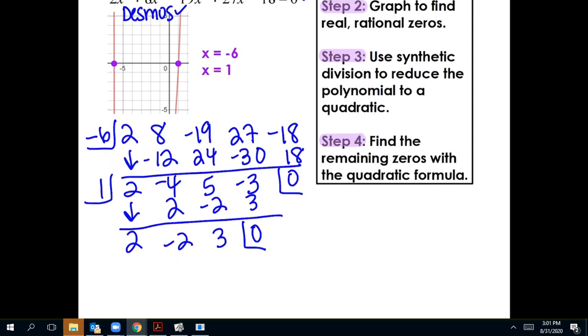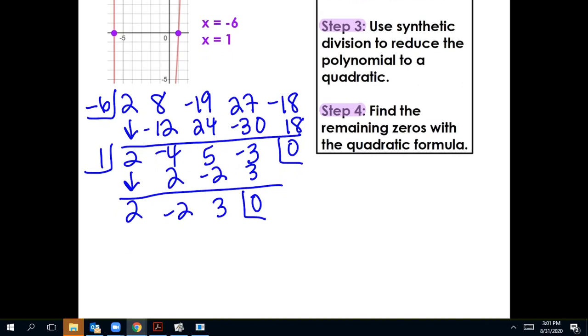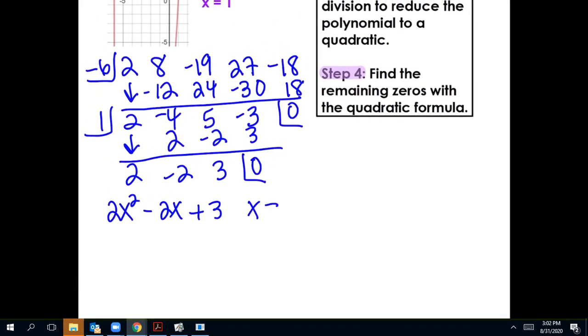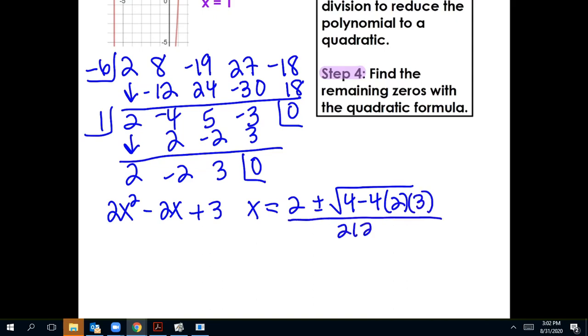And then now step 4, find the remaining zeros with the quadratic formula. So remember, this is 2x squared minus 2x plus 3. And we use the quadratic formula. x equals negative b plus or minus square root b squared minus 4ac all over 2a. So we'll keep going.